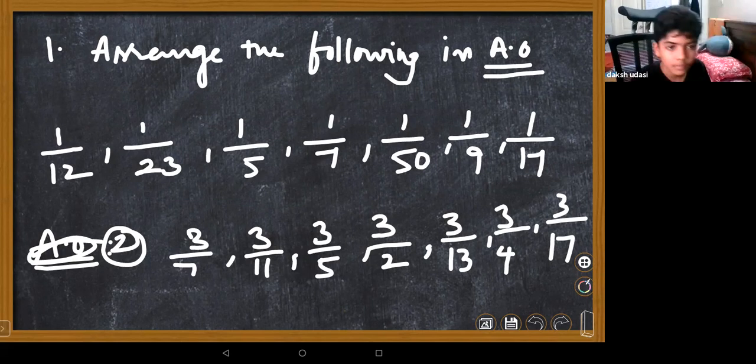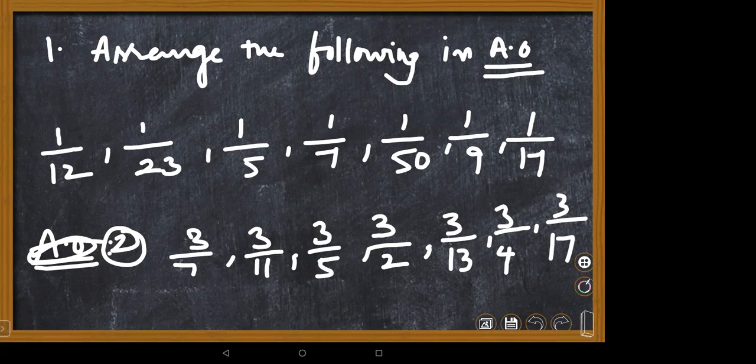Whatever rule we applied in unit fractions, the same rule applies here too. The greater denominator is the smallest fraction, same as unit fractions.